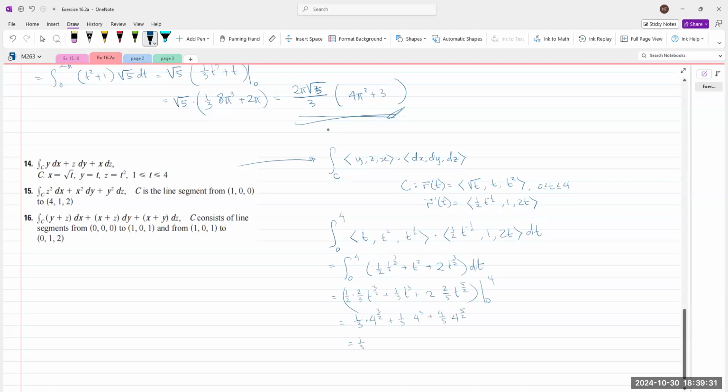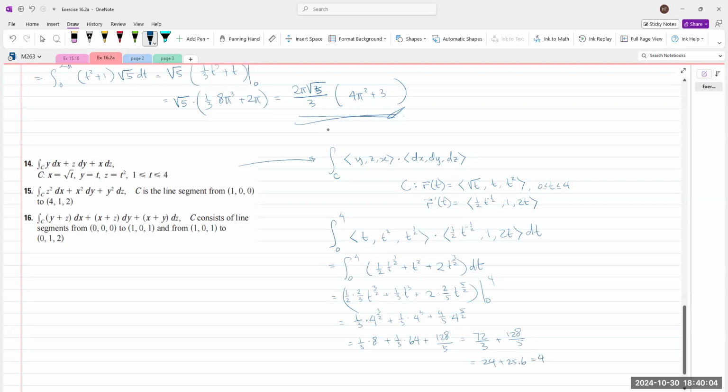So 1/3 times 8 plus 1/3 times 64 plus, 2 to the 5th is 32, times 4 is 128 over 5. That's 72 over 3 plus 128 over 5. 72 over 3 is 24, plus 128 over 5 is also 25 and 3/5.